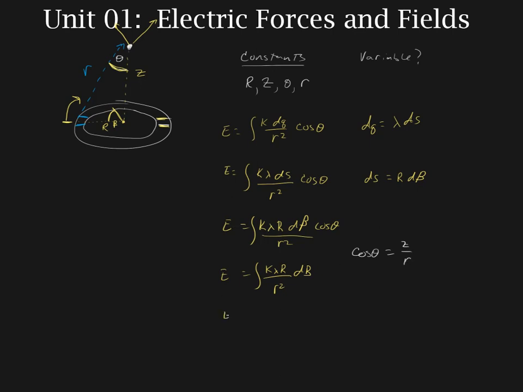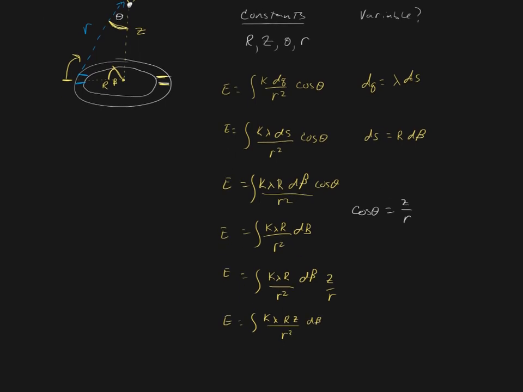So we get E is equal to the integral of k lambda R over r squared d beta times z over r. And now we can get E is equal to the integral of k lambda R z over r cubed d beta.